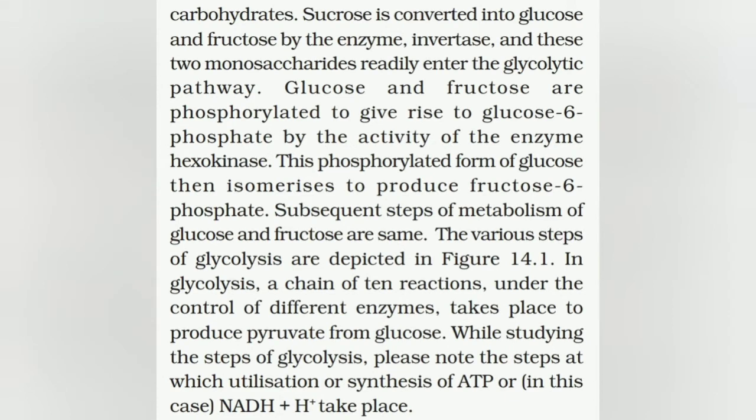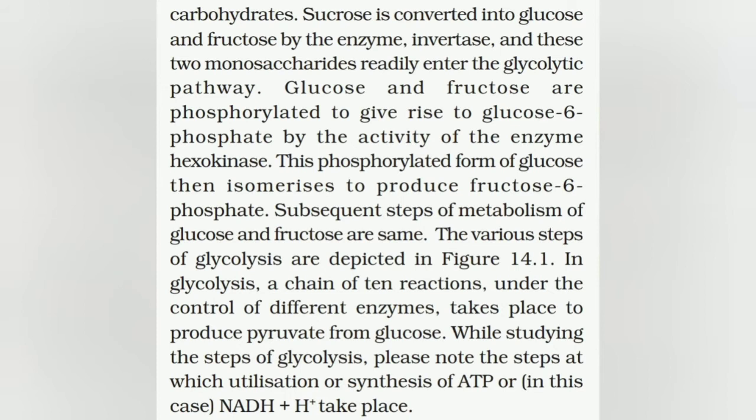In glycolysis, a chain of 10 reactions under the control of 10 different enzymes takes place to produce pyruvate from glucose. While studying the steps of glycolysis, we have to note the steps at which the utilization or synthesis of ATP or NADH takes place.